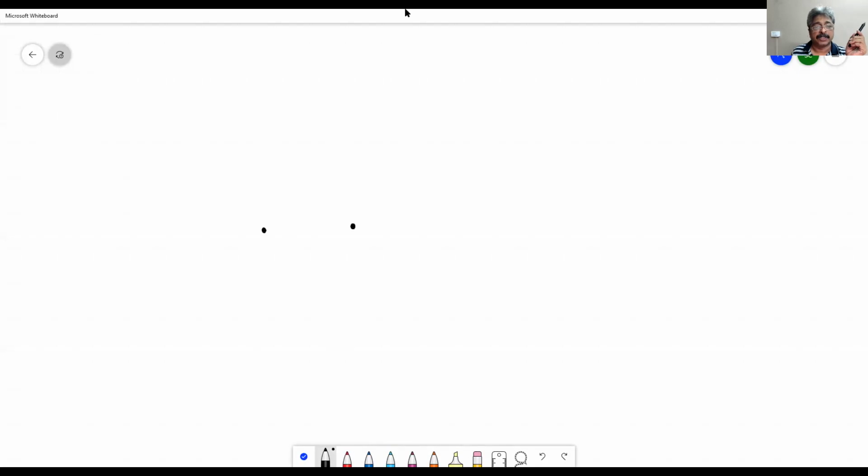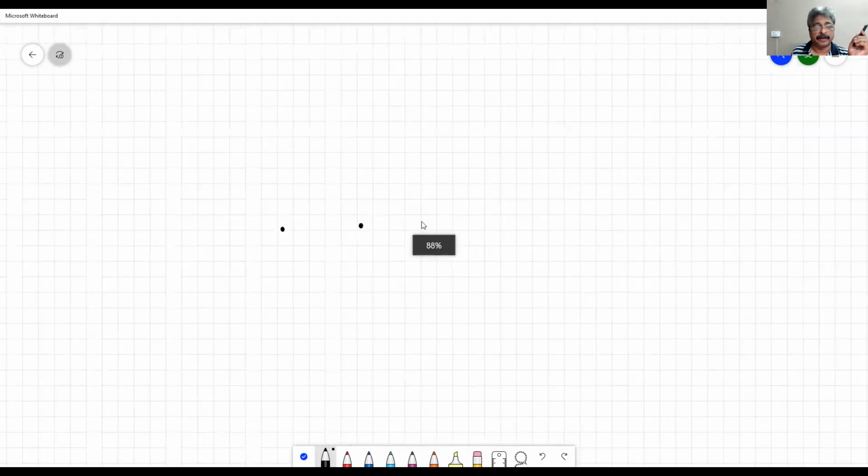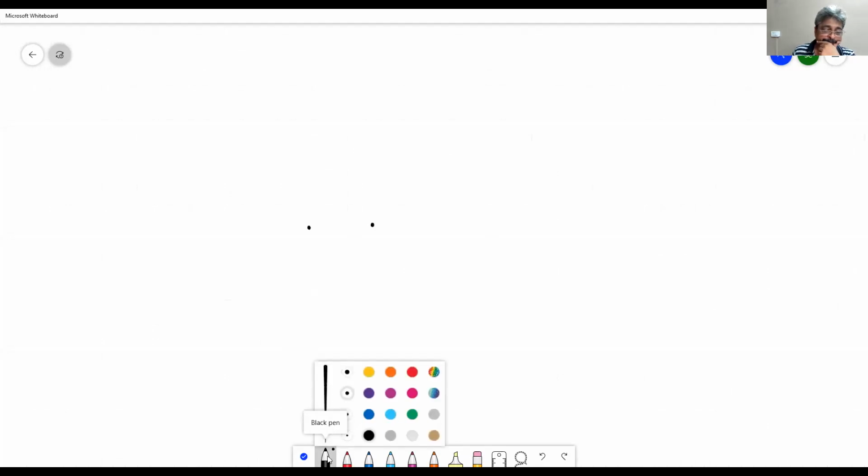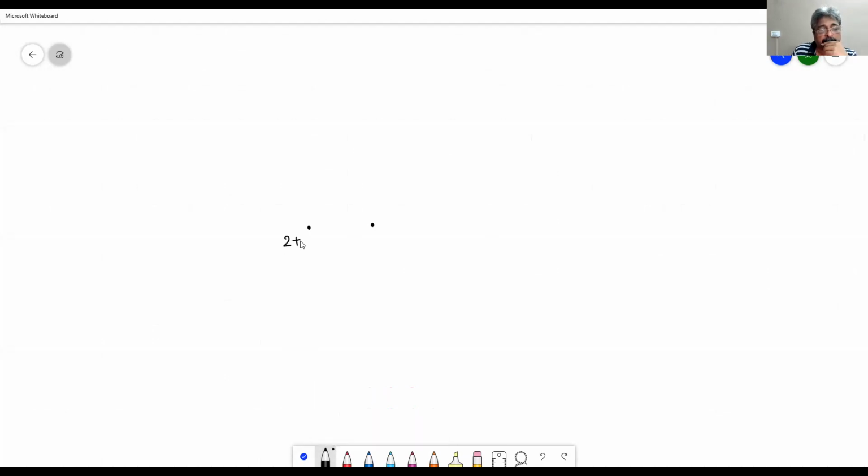I think my zoom percentage is very high. Okay. I call this complex number, say, 2 plus i, and this as minus 1 plus 3i, something like that.